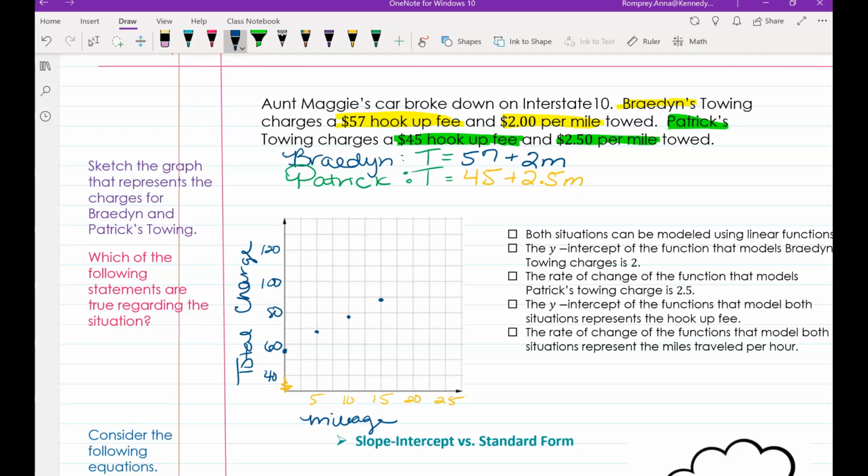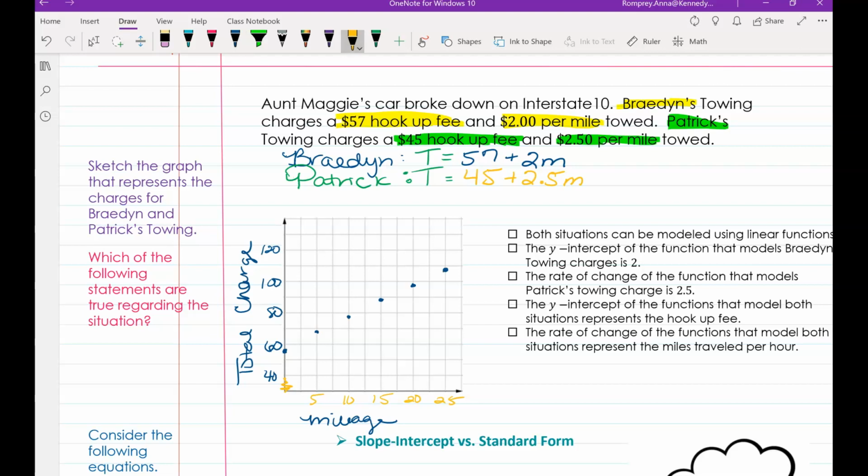Do you guys get what I'm doing? Because I just did 2 times 5. So for every 5 miles, we're going to increase by $10. So I'm just jumping. So 97, 100, 107. All right, that's plenty.